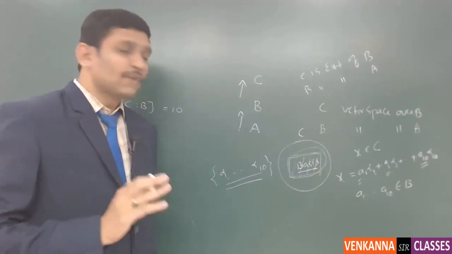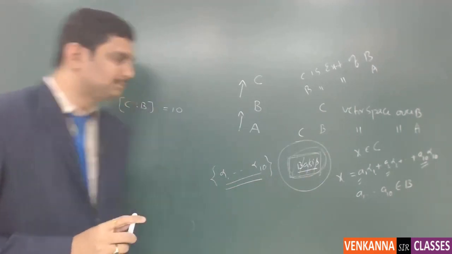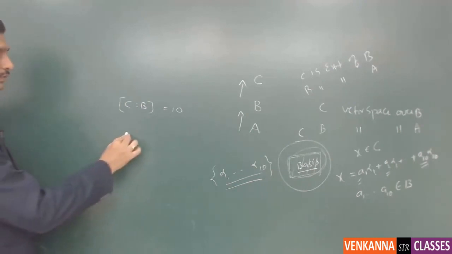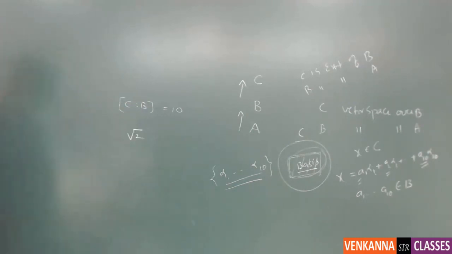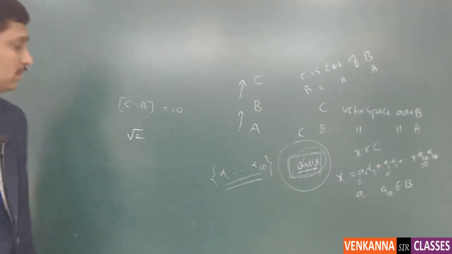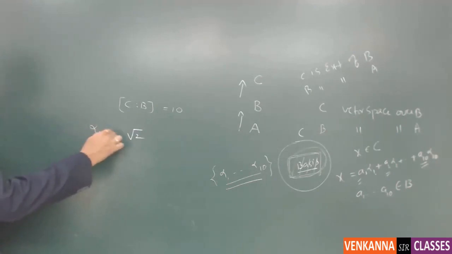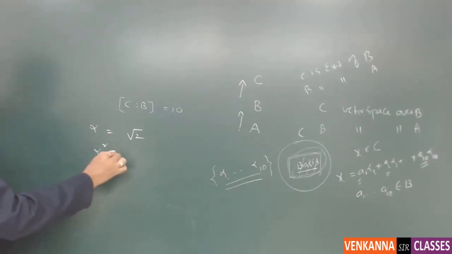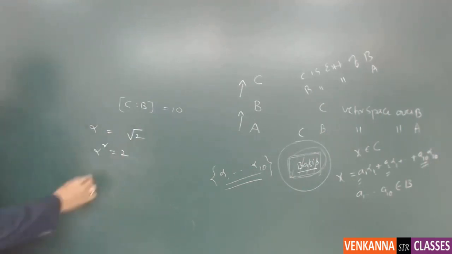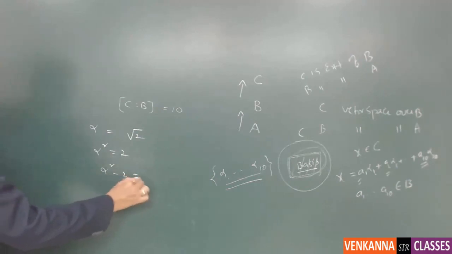Now let us take a small example. Let us take the value root 2. It is a number. Now, for convenience, say alpha is equal to root 2. Squaring on both sides, alpha square equal to 2. This implies alpha square minus 2 equal to 0.